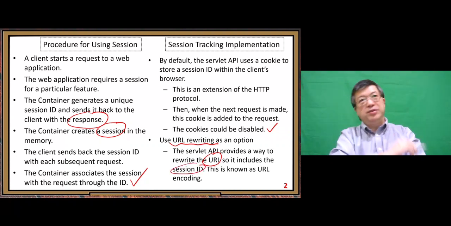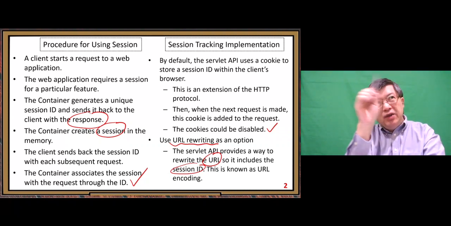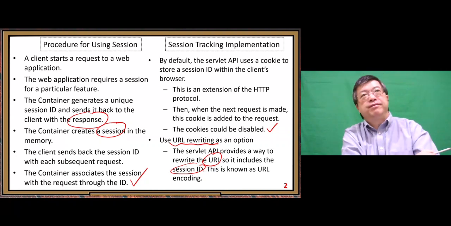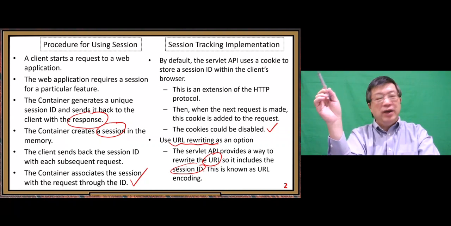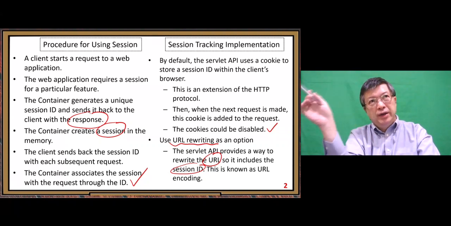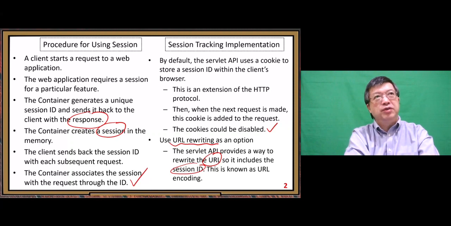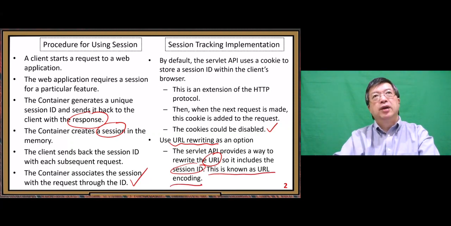Sometimes if you visit some websites, you can see jsessionid equals a string. It's called jsessionid, for Java. Sometimes you can see that parameter in the URL. Next time when you see it, that's the URL rewriting. This is known as URL encoding. You encode the session ID into the URL.